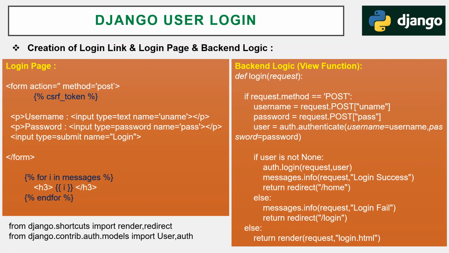The form will ask for the username and the password, and the user should click submit. After clicking submit, the post method takes place, and the user-given username and password data should be handed over to the backend logic, right?